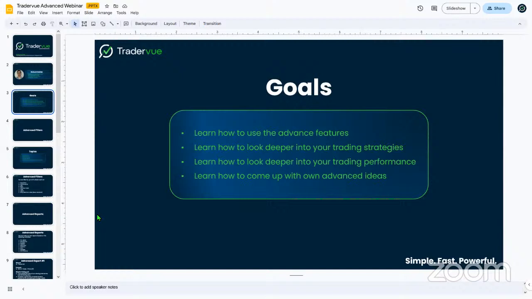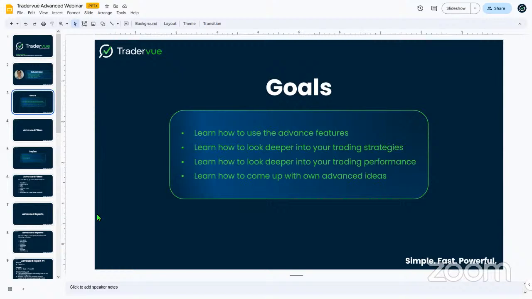And so we're looking to learn how to use the advanced features. We're looking to learn how to look deeper into your trading strategies or your trading performance, and also learn how to come up with your own advanced ideas. The last part here, learning how to come up with advanced ideas, is really important because I'm going to be showing a more advanced side of Tradervue.